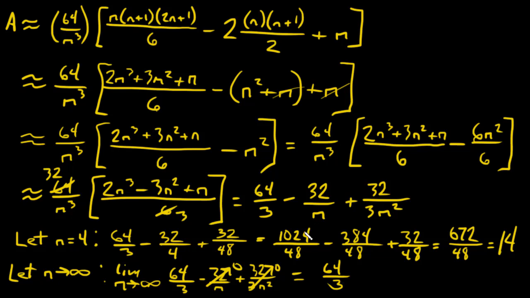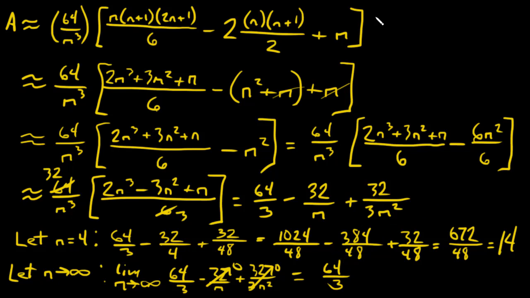If you remember, when we did the right endpoint with that function and took the limit as n goes to infinity, we got 64 thirds. So it doesn't matter if you do the right endpoint or the left endpoint. When you take the number of rectangles to infinity, you are still going to wind up with exactly the same answer, and it is the actual area, which in this case is 64 thirds.